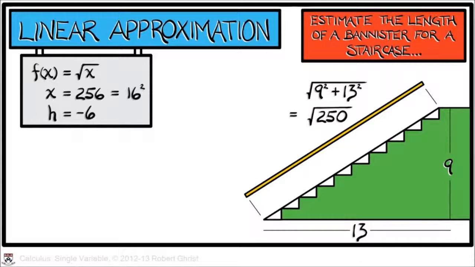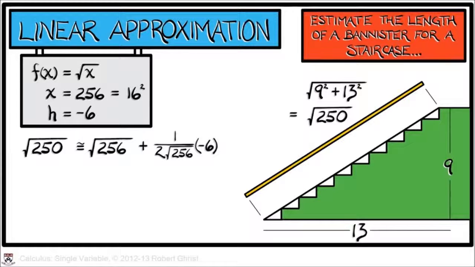To get from there to 250, I could use a value of h, a perturbation of -6, so that from a Taylor expansion, f of 250 is going to be f of 256 plus the derivative evaluated at 256 times the difference, times h, -6. All other terms in the Taylor expansion are of higher order.